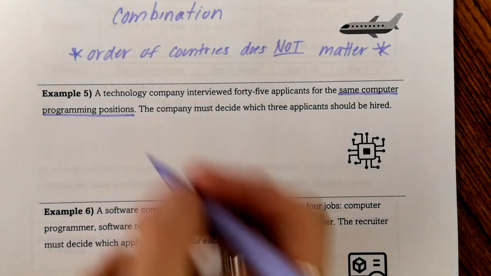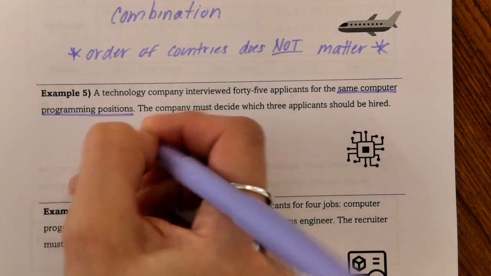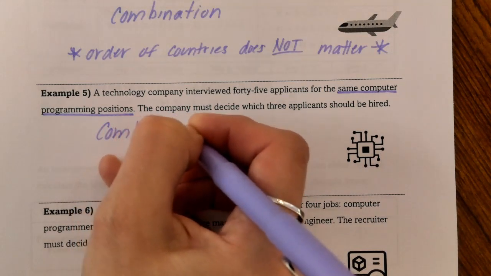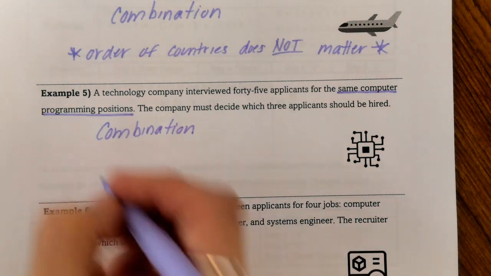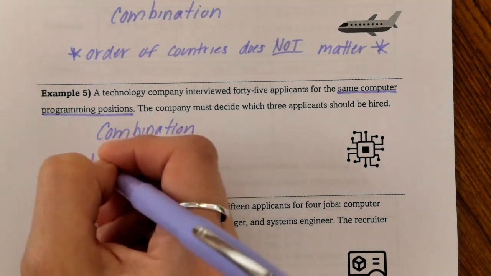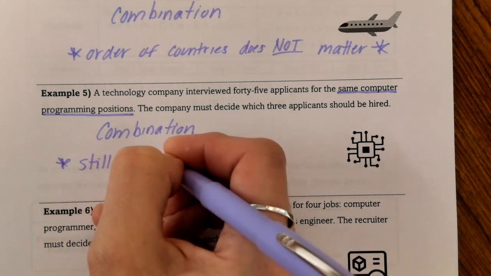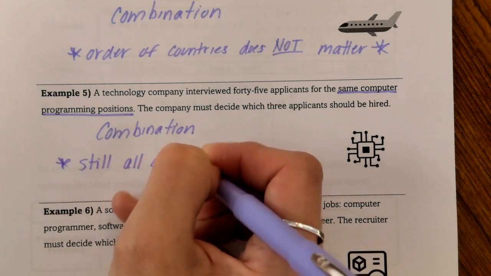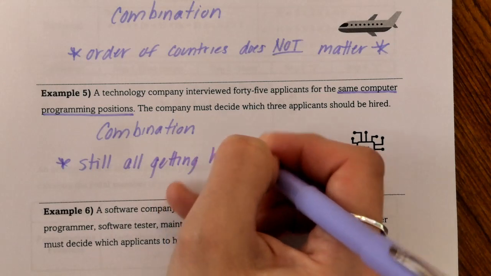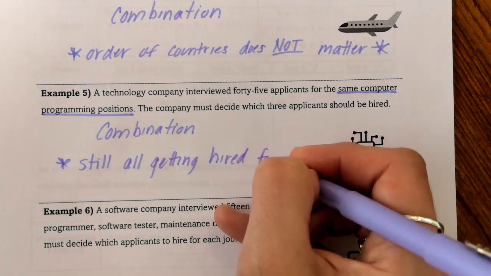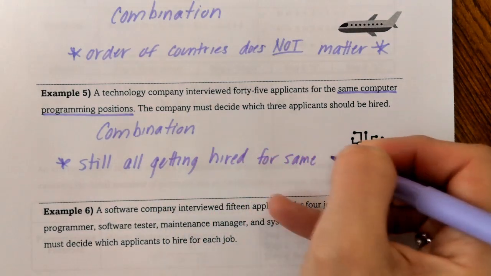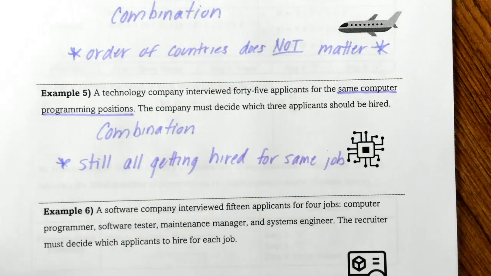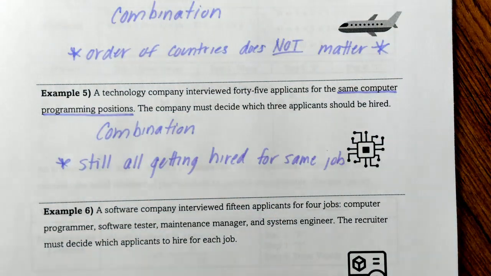So it does not matter what order, combination. We could put here, still all getting hired for the same job. Everybody's getting the same thing. Nobody's benefiting from being chosen first.